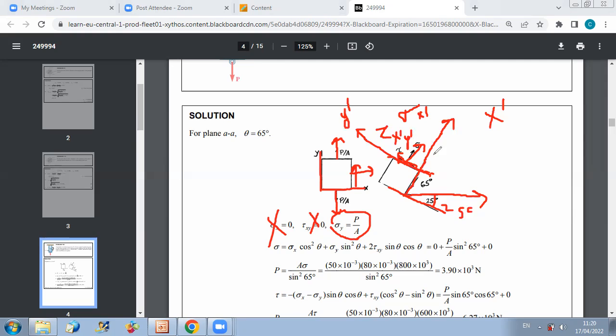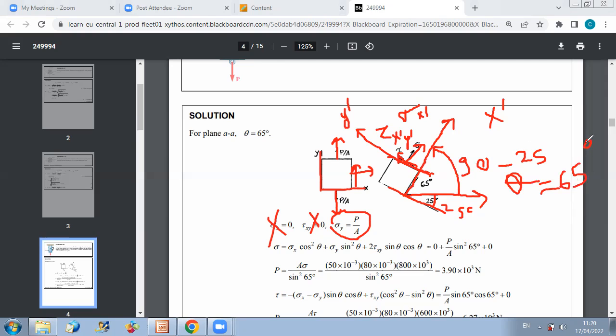Now, what is the angle of rotation from X to X prime? As you can see in the figure, it's 90 minus 25 degrees. So in this case, the value of theta is 65. So theta is 65 degrees.